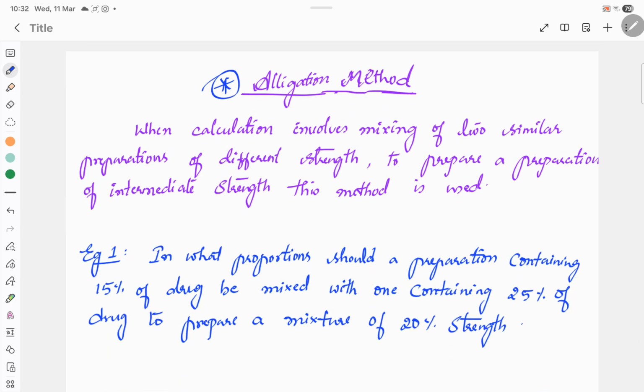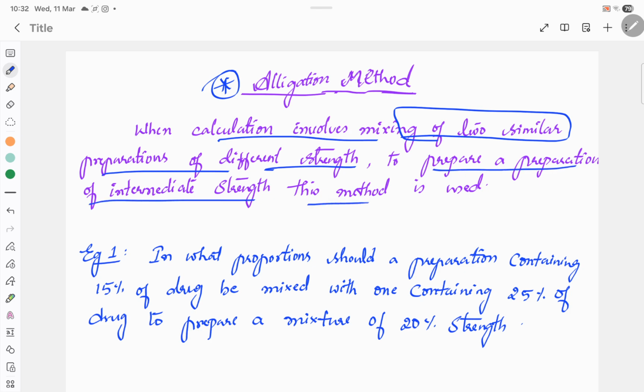And then one more important method that we have is the alligation method. This alligation method will be used when the calculation involves mixing of two similar preparations of different strength, in order to prepare a preparation of intermediate strength.